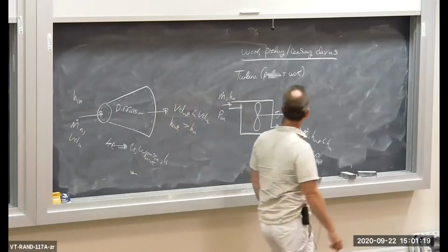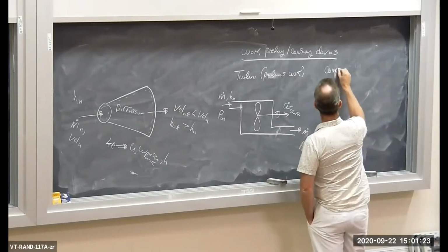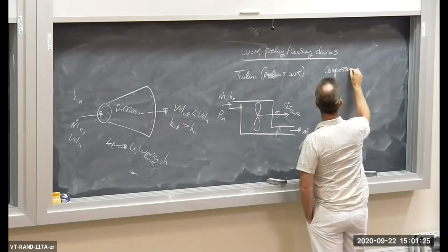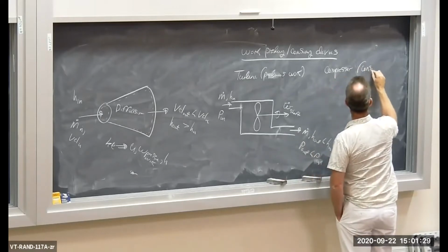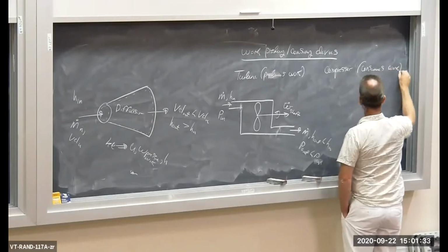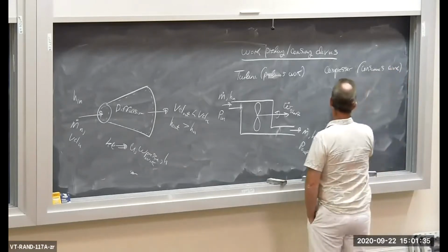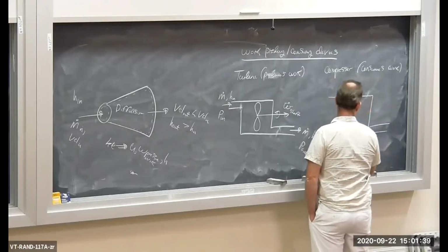Then we've got compressor. A compressor consumes power or work. It looks just like a turbine. We have an inlet, and we have an outlet.